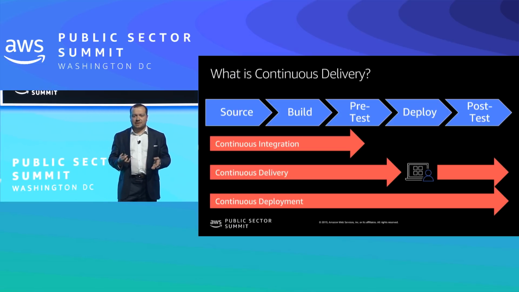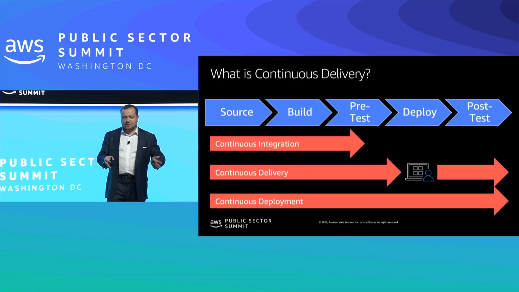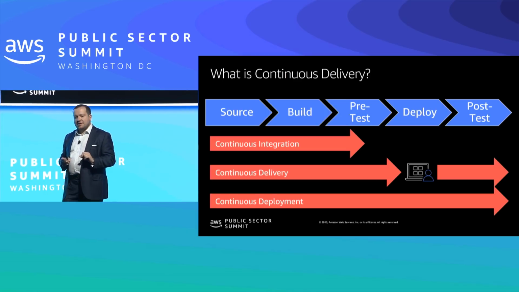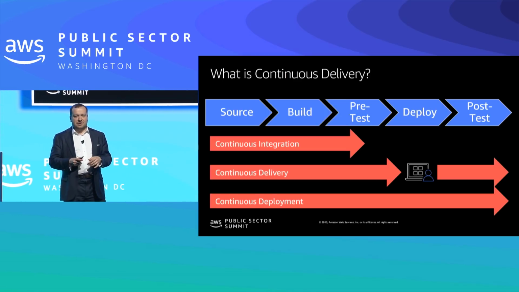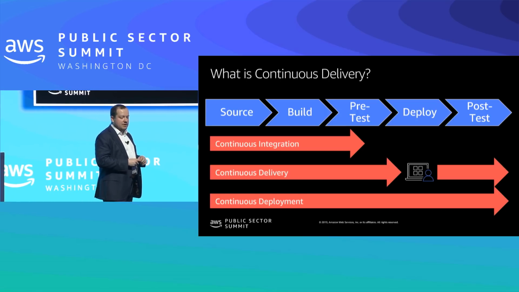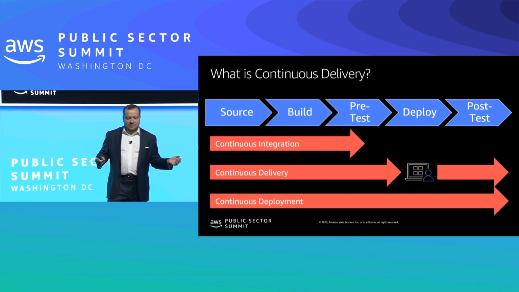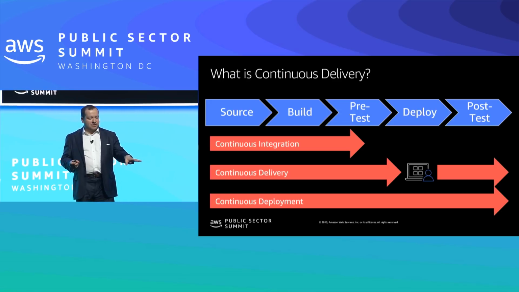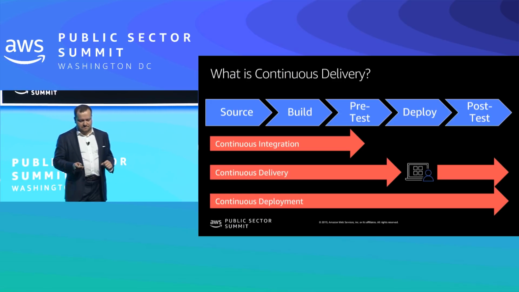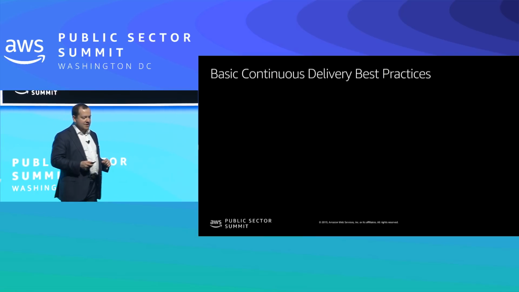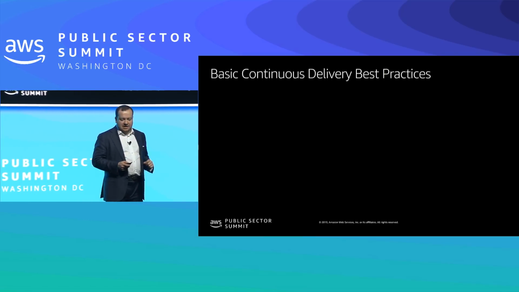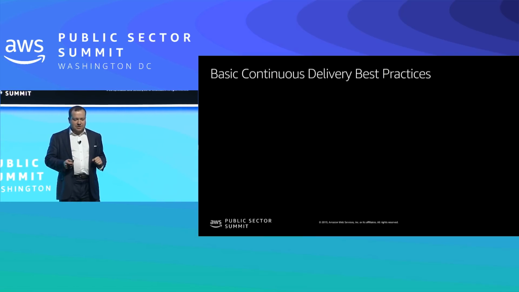So that's continuous deployment. Some of my customers never do this. Some of my customers will put a few low-risk microservices with fully automated deployments. And then some customers do this for everything, right? But most of my customers, what they're really looking for is continuous delivery. So let's talk about continuous delivery best practices.